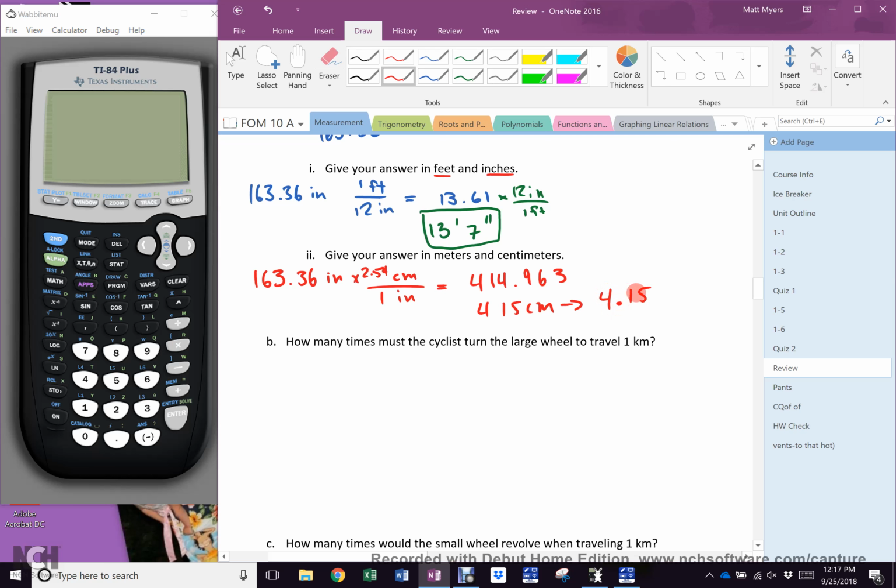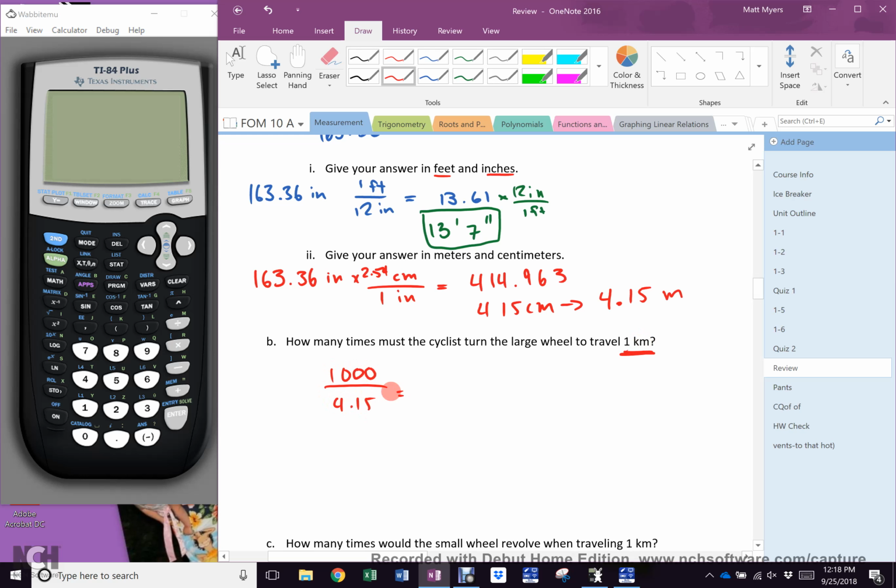Now, how many times do I got to turn that wheel to go a kilometer? What's this measurement in? Meters. What's this measurement in? Can I compare the two? Yes, but I got to do something first. I got to make this meters, yes? So it is 1,000. Then what math is happening to that? Divided by 4.15.